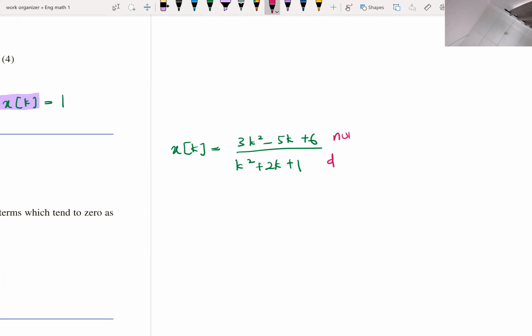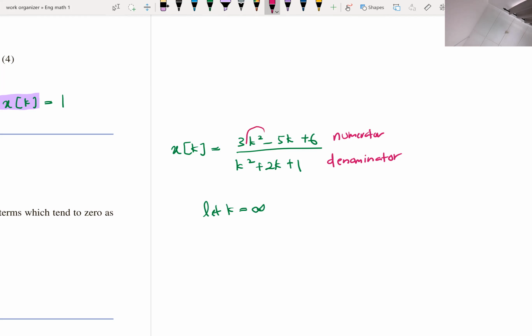We have to let k go to infinity. The key here is, what is the highest power of k?